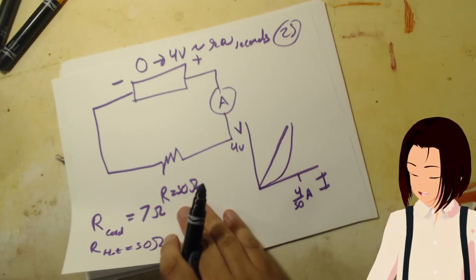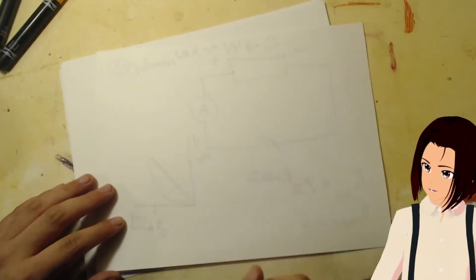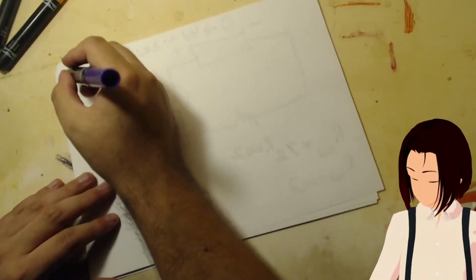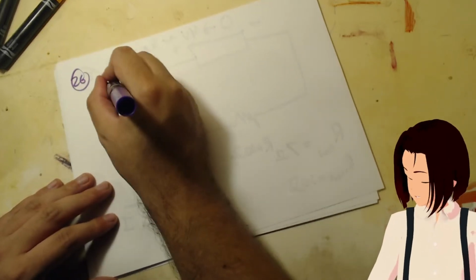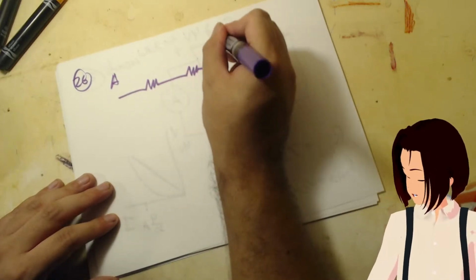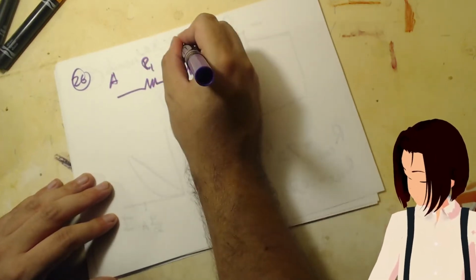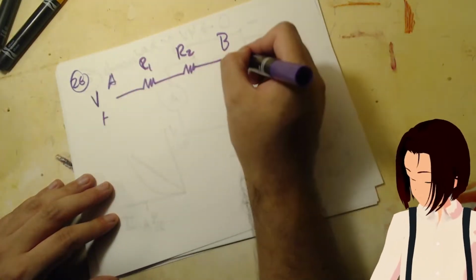Another thing, say we have 2 resistors in something called series. So we have another example. We have A, resistor 1, resistor 2, and we have B. So R1, R2, and plus, minus.